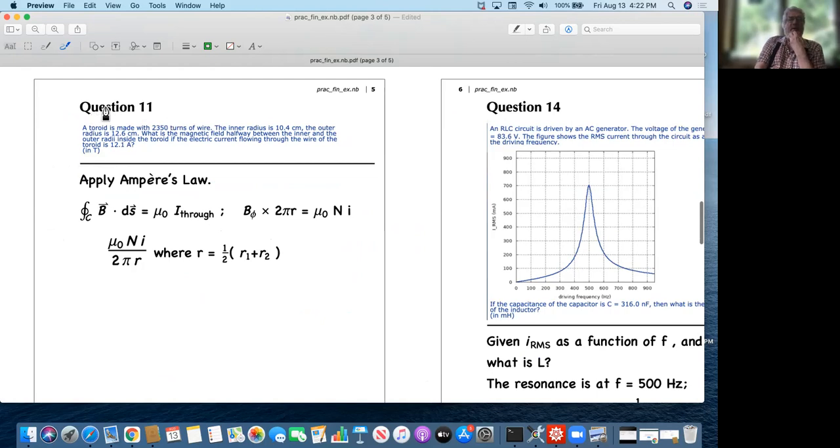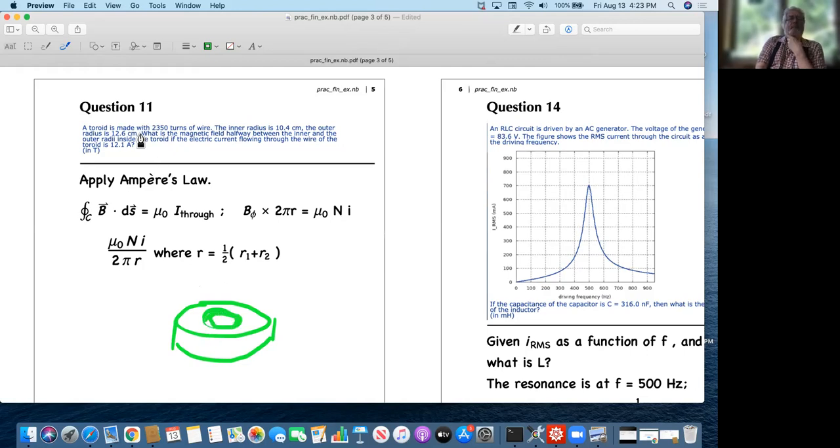Here's a problem having to do with magnetism. There's a toroid with 2,350 turns of wire. So first of all, you have to know what a toroid is. A toroid is a donut. So here's the hole in the donut.